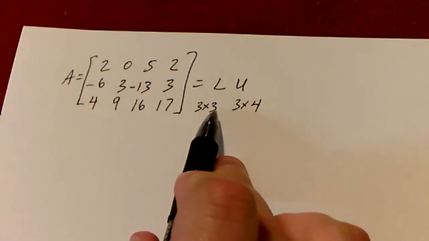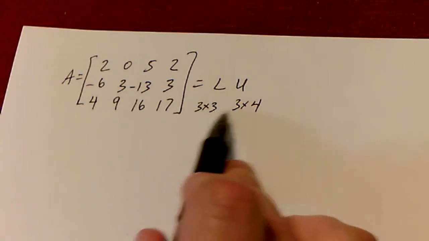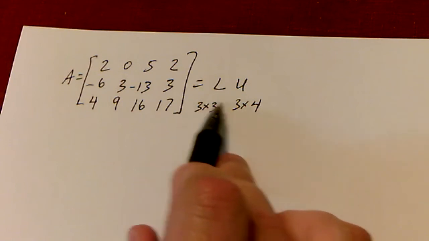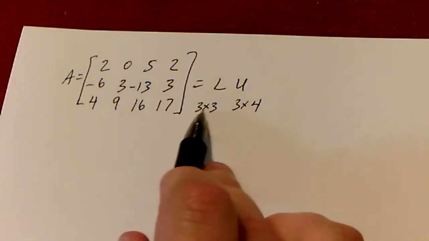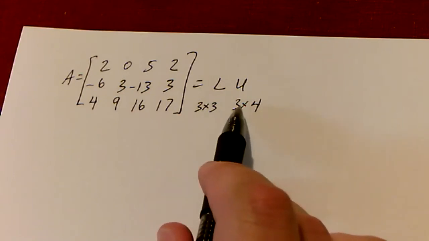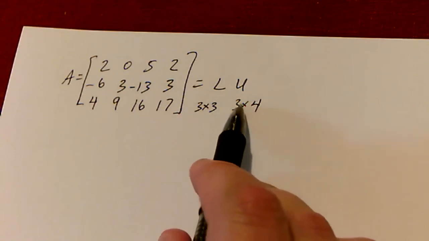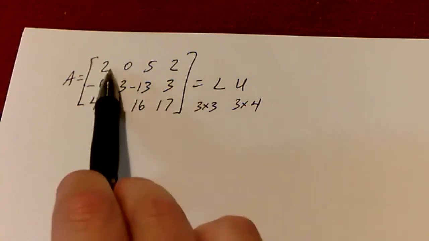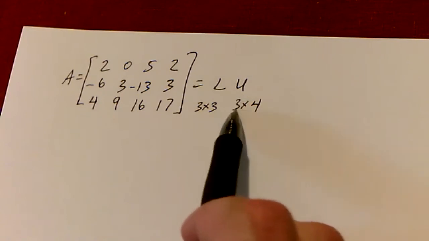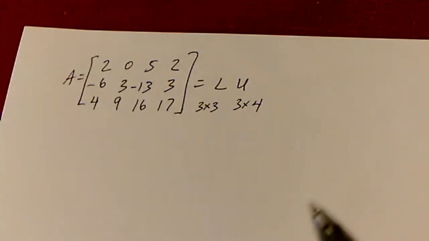The columns of the first matrix have to be the same number as the rows of the second matrix. So those 3's have to line up. And if L is going to be invertible, it has to be square. So whatever size U is, L is going to have the same number of columns and rows as the original matrix has rows. That's 3, because U is the same shape, same rows and columns as L.